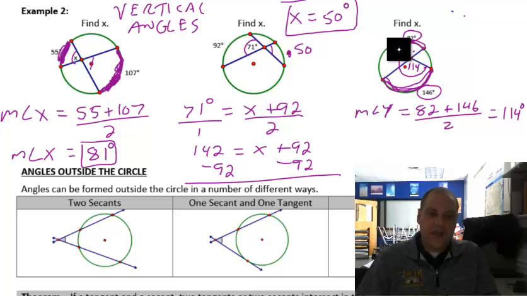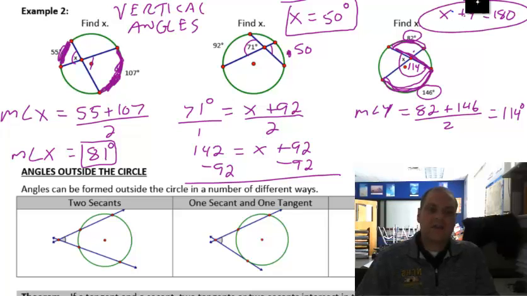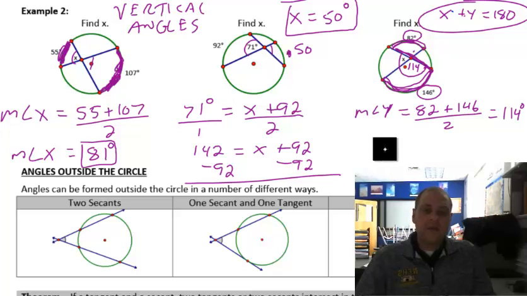There's a straight line right here, right? Straight line, so it makes a 180. Angle X plus angle Y, X plus Y equals 180. Okay? If there's angles next to each other forming that straight line, they add up to 180. So I'm just going to do 180 minus 114, and I'm going to get my 66 degrees.